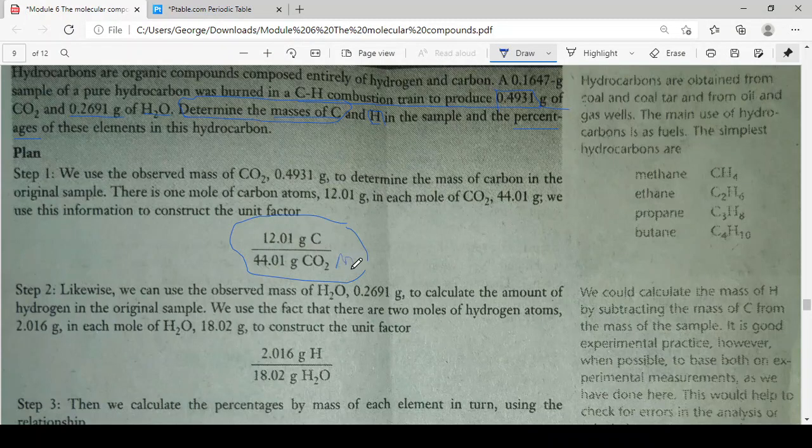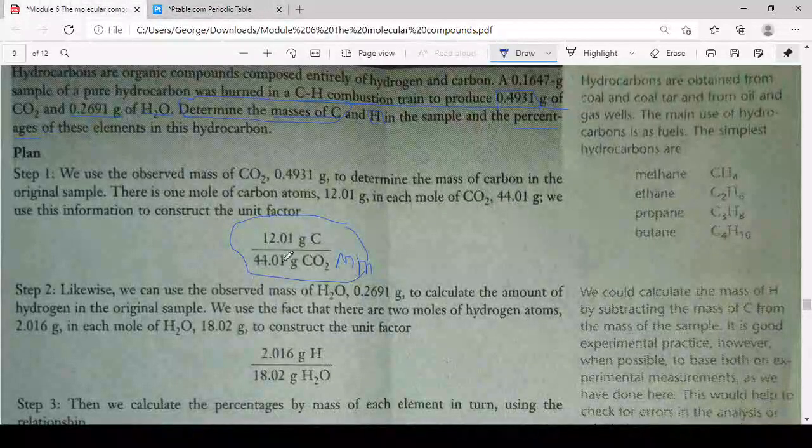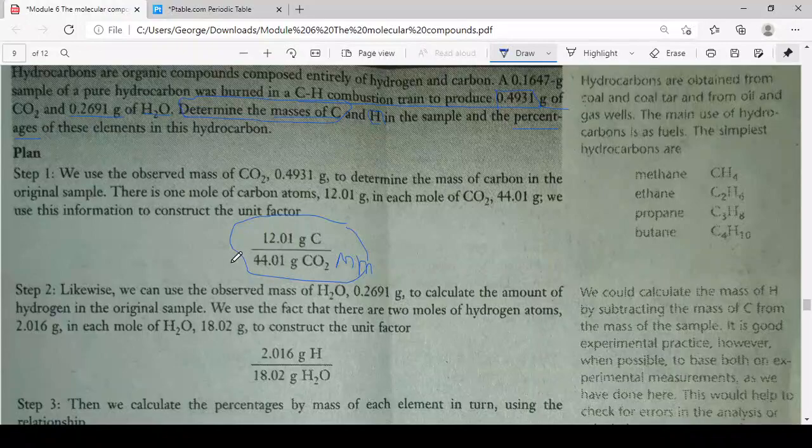One carbon is equivalent to 12.01, and for oxygen, each atom has an atomic mass unit of 16. So 16 times 2 is equal to 32, plus 12.01 is equal to 44.01. So it is your formula weight or molecular weight or mass.